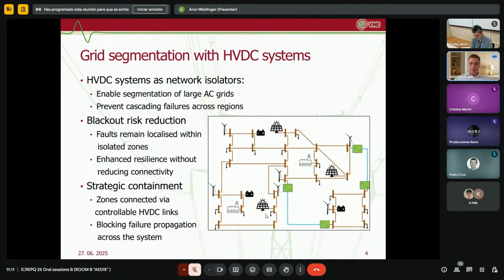Unlike reducing connectivity, which compromises system performance, this segmentation maintains high interconnectivity while also boosting resilience. Simulations by researchers show that HVDC isolators, when designed carefully, can block failure propagation even in highly connected grids. The diagram on this slide shows how AC grids can be segmented using DC links while still enabling power exchange.